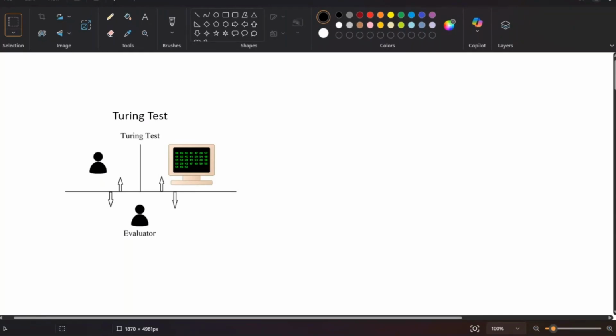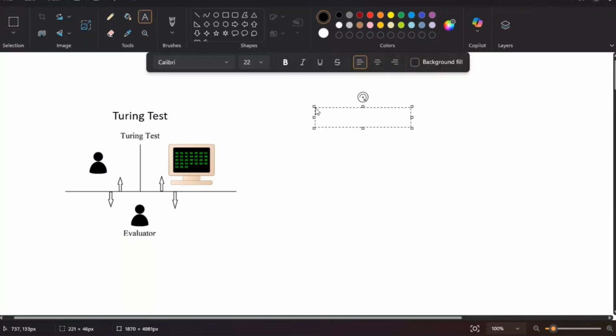Now, the base of AI is machine learning.